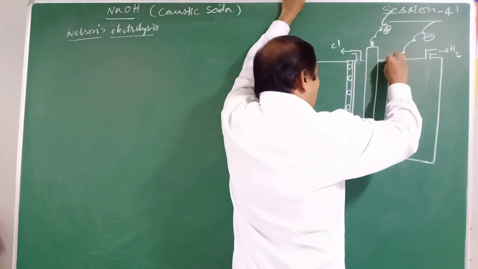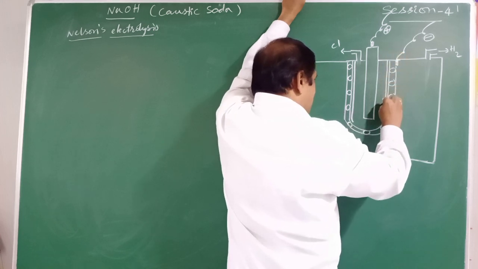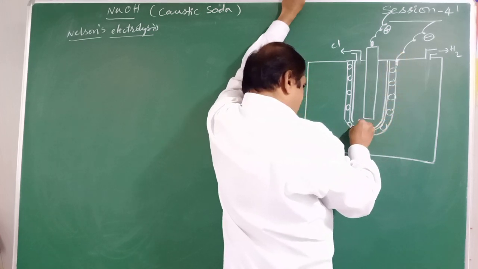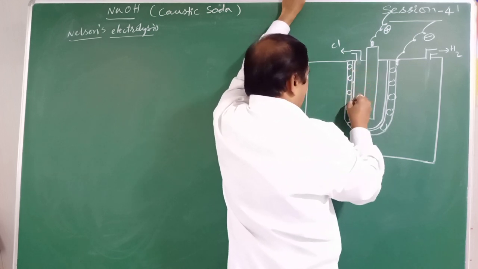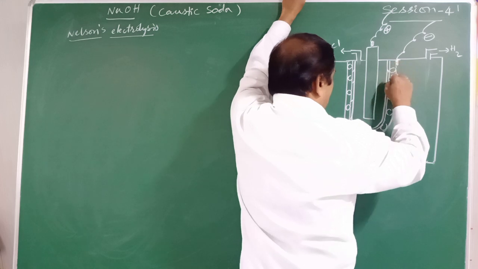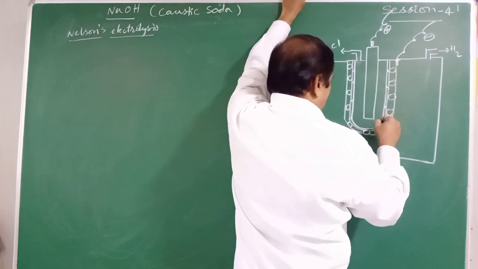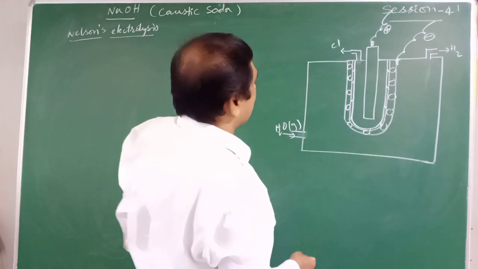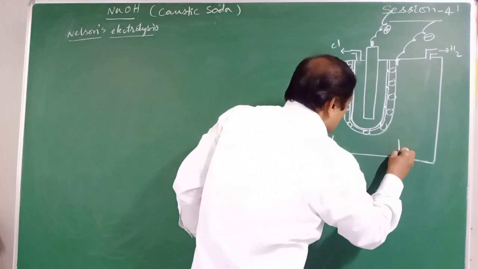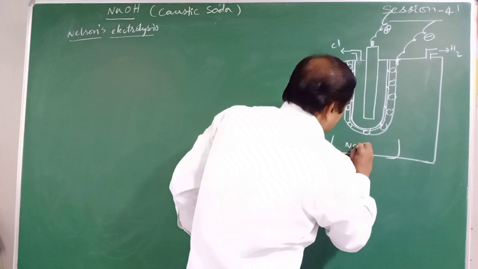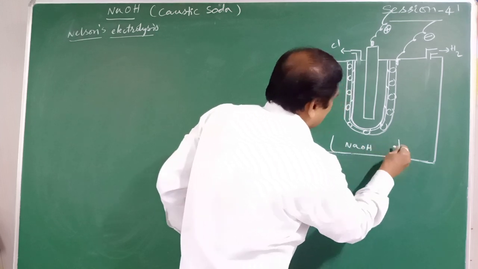This is the asbestos lining. Now, here we have a receiver which collects sodium hydroxide, NaOH.